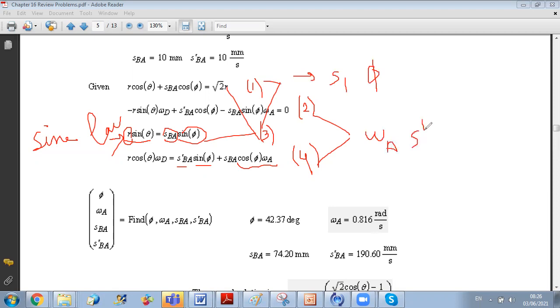And now in particular, this is a general system. You can apply it for any position you want. So here I ask for theta equal to 30 degrees. So you just replace theta by 30, you get the corresponding s and phi. And replacing s and phi in 2 and 4, you get the corresponding angular velocity of wheel A and velocity of point B relative to the slope. Okay? Any question on this?